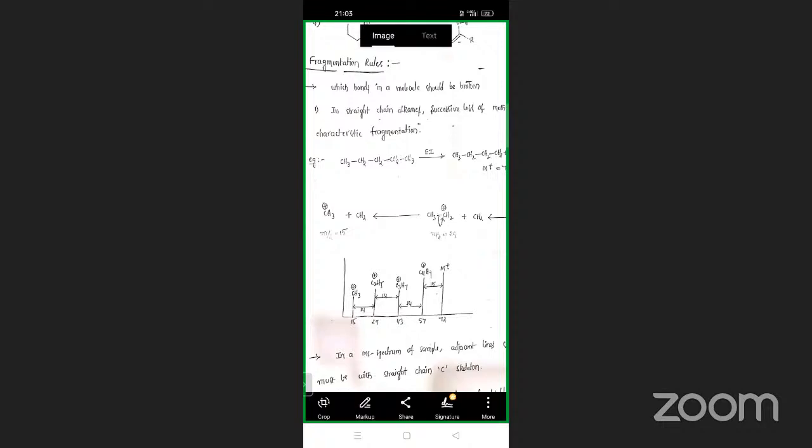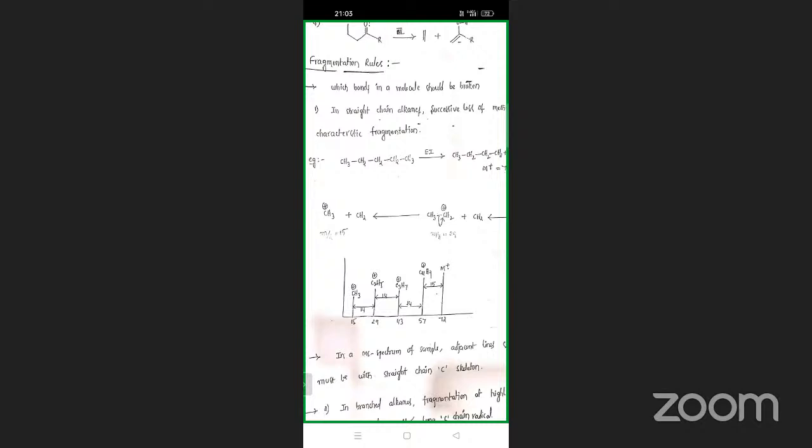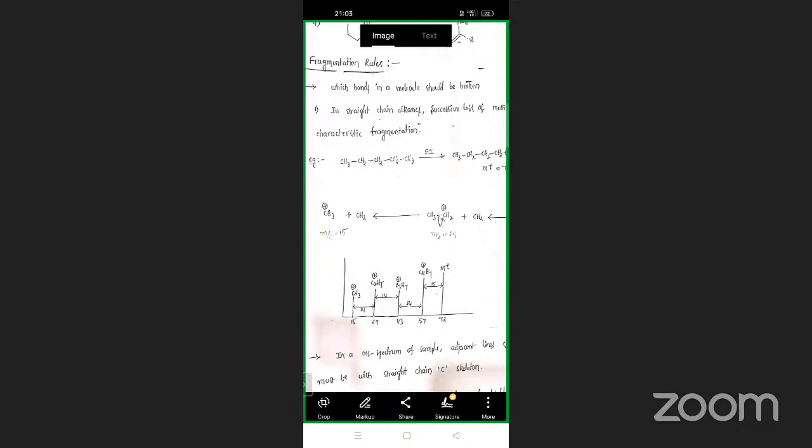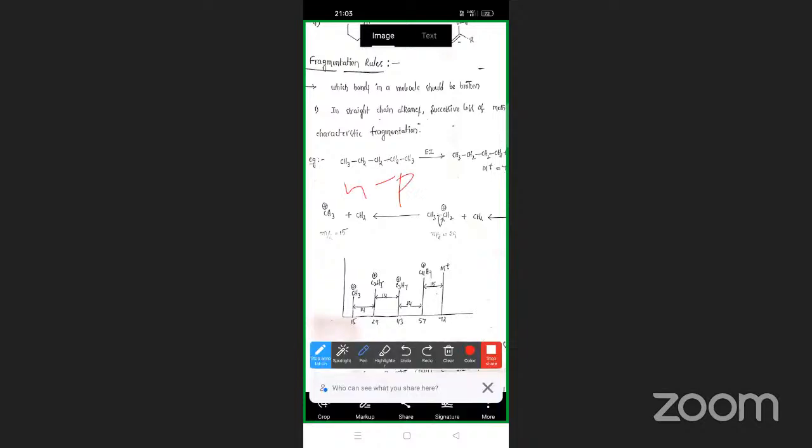In a straight-chain alkane, sequential removal of methyl groups is the suitable fragmentation. For example, here you see 1, 2, 3, 4, 5, this is n-pentane, which has 5 carbons.